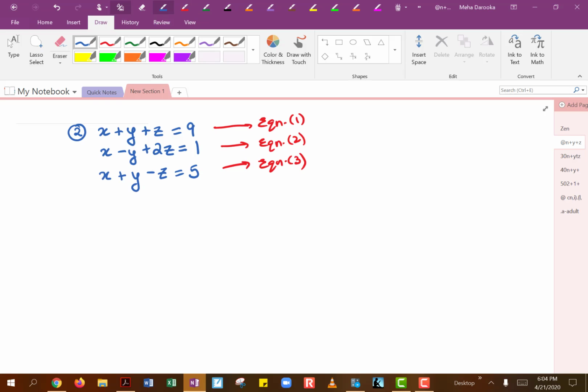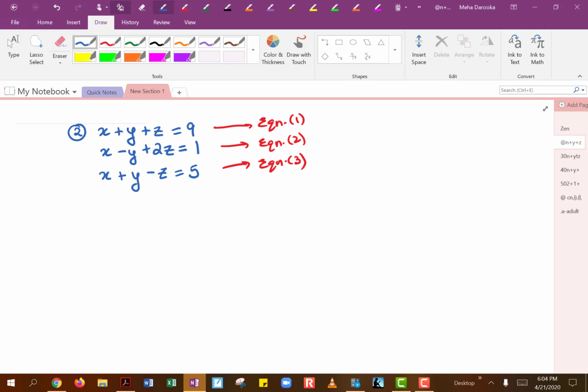They said look for the easiest variable that we can eliminate. As I am looking at these, I see that my y variable has both positive and negative signs. I've got positive y, negative y, positive y in the three equations.